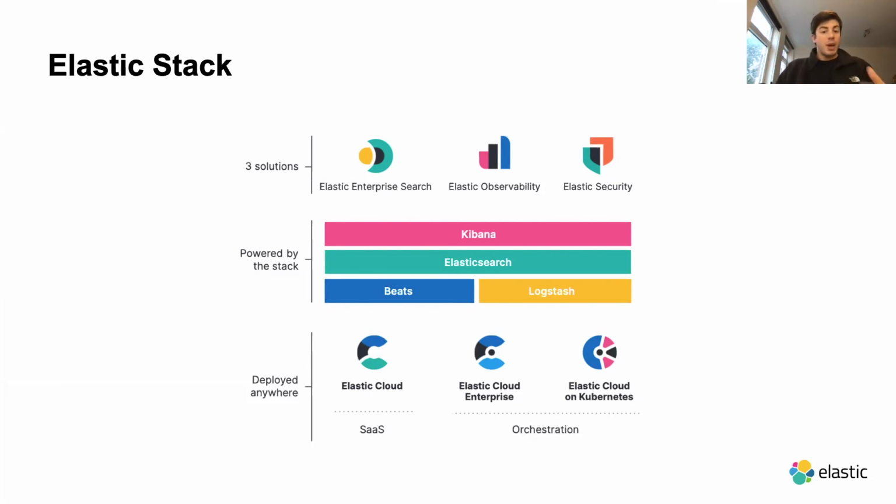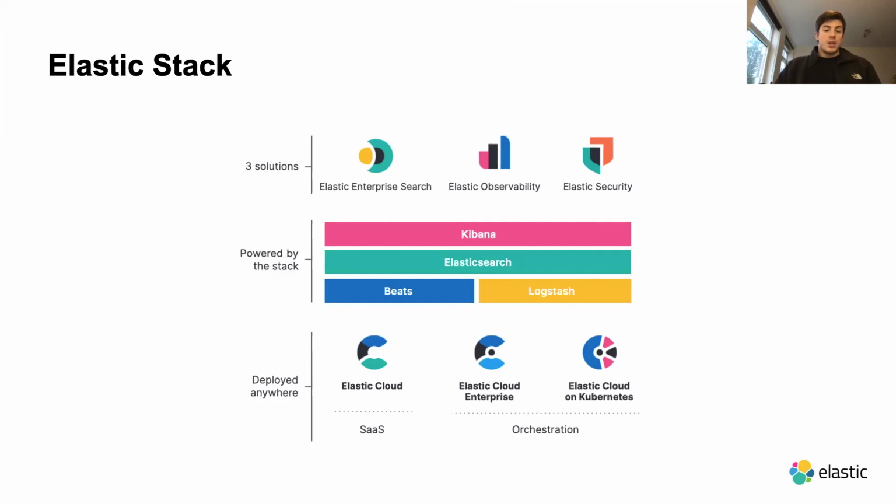Through Kibana, you can manage the stack, you can discover different data, you can create graphs, and of course, you can create maps, as we're going to see today. And Beats and Logstash are those 2 products that actually allow us to additionally enrich or transform the data before it enters Elasticsearch so that it can be used effortlessly.